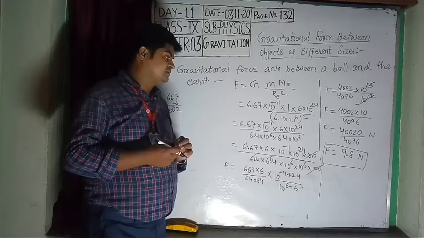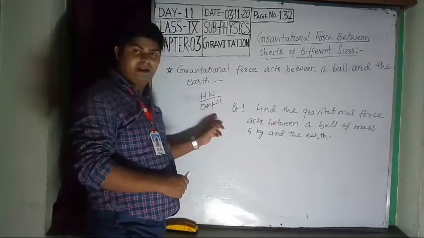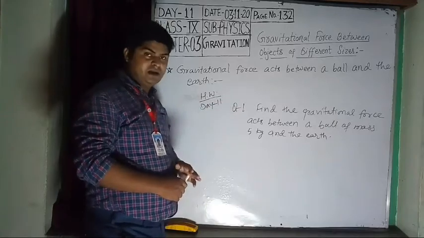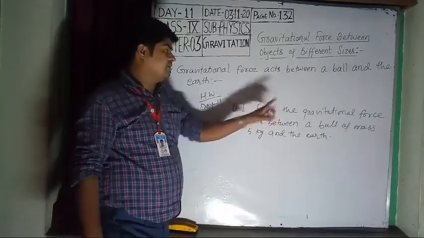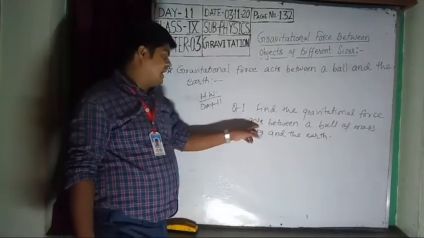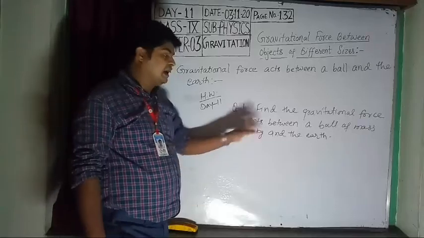Write down your homework. Now students, this is your homework for day 11. Today I have again given only one question. Question 1: Find the gravitational force acting between a ball of mass 5 kg and the earth.